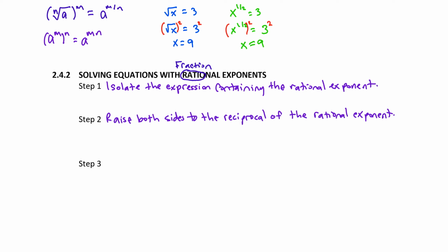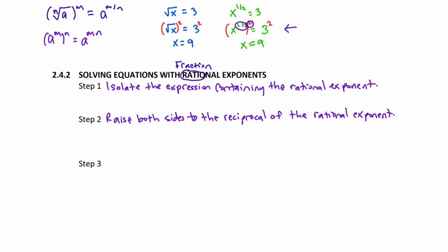Sounds a little different than squaring both sides. But if we come back up here to our example, we were squaring both sides. Why were we squaring both sides? Because 2 and 1/2 are reciprocals. The product of a fraction and its reciprocal is always 1, and that's how we're going to be able to cancel the exponent. Now, in stating it like this, we'll be able to handle exponents like 2/3 or 4/5, exponents other than just 1/2.